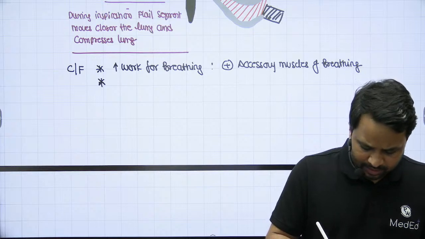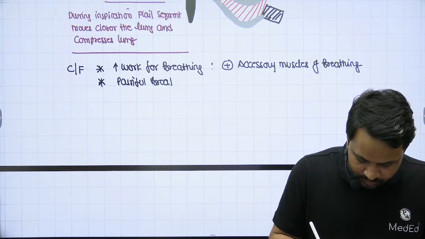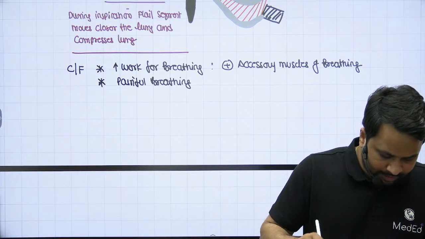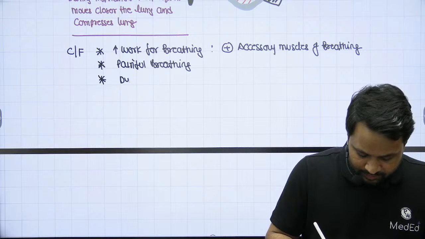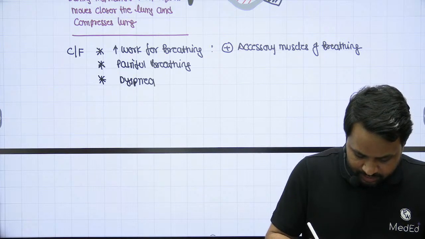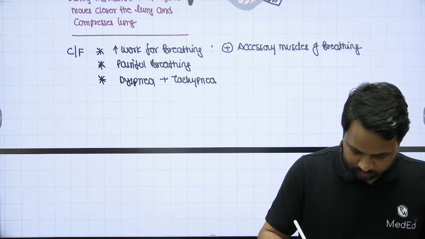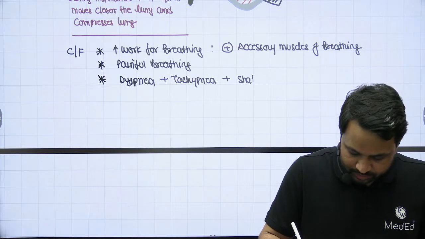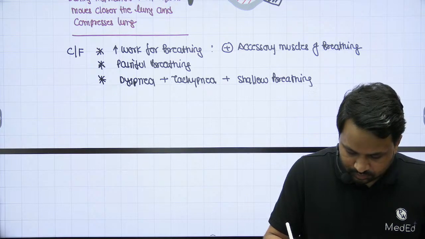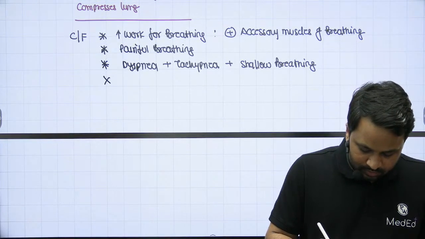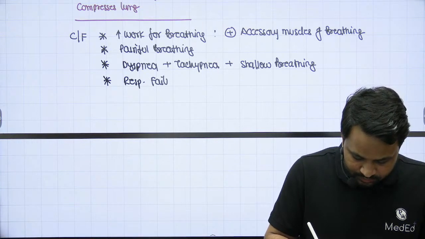They get fatigued, and because of fatigue it will result in painful breathing. Eventually the patient will have dyspnea, that is difficulty in breathing. There will be tachypnea and shallow breathing. If it is unaddressed, the patient will go into respiratory failure.